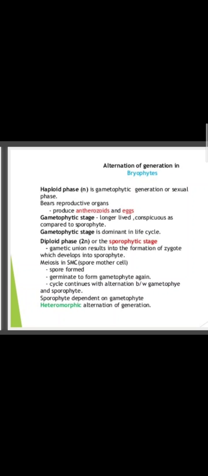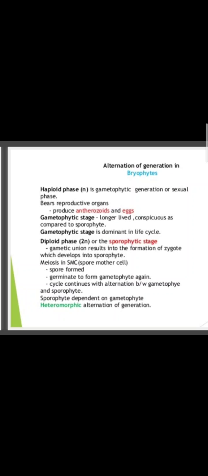The dominant plant body in bryophytes is gametophytic, and the haploid phase represents the sexual phase. Bryophytes bear reproductive organs which produce antherozoids and eggs. I have shown in the diagram the reproductive structures, antherozoids and egg.